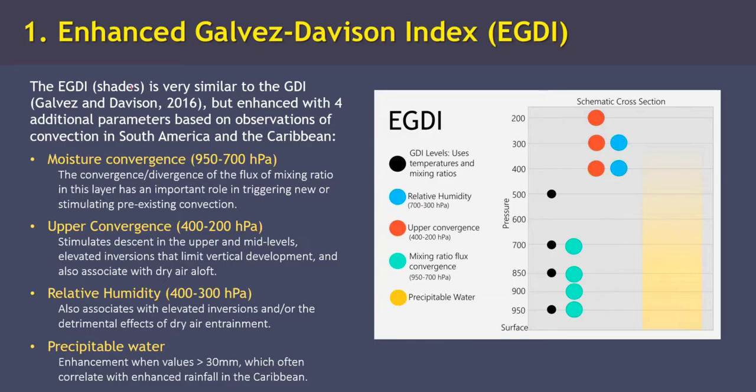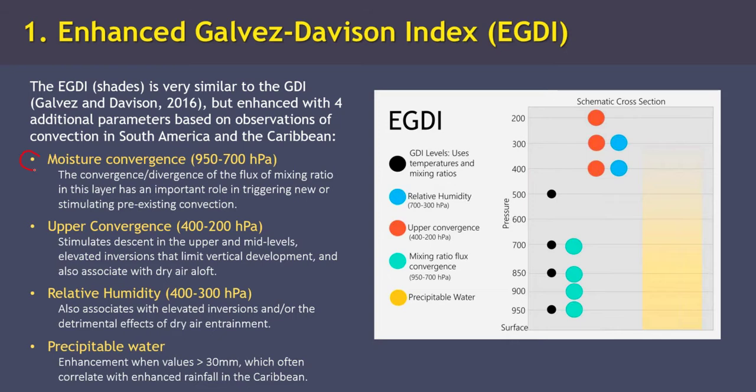So the EGDI, the index itself, is very similar to the GDI, but it has an additional set of quantities that we realized are important for tropical convection. The GDI itself is a purely thermodynamic index because it doesn't have any wind information at all. However, the EGDI has variables that contain wind information.